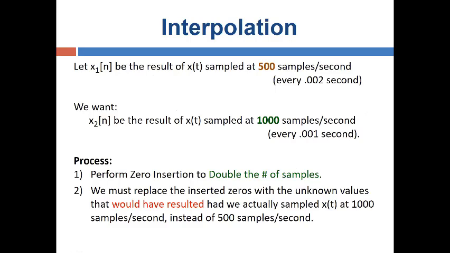But that's not sufficient because now we have all these extra spectral copies in the principal range that I don't want. And in the time domain, I've got zeros where I want some actual values that are somehow interpolated between the existing values. So we would really like those zeros to be changed into the values that would have happened if I had actually sampled at twice the speed.